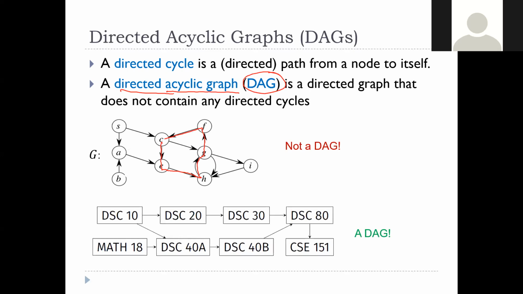This prerequisite course graph that we saw earlier is indeed a DAG because you cannot find any cycles here. So for example, you can go from DSC 10 to 40, 40B, DSC 80, but you cannot come back to DSC 10. There's no path going back here. So this is a valid DAG.